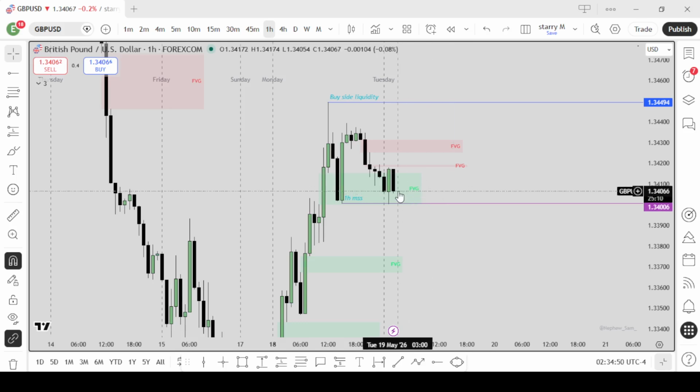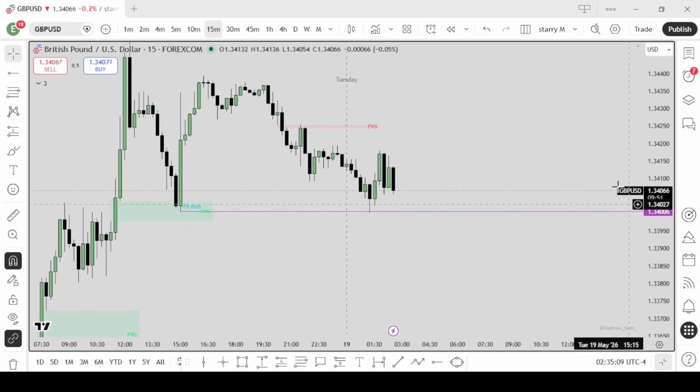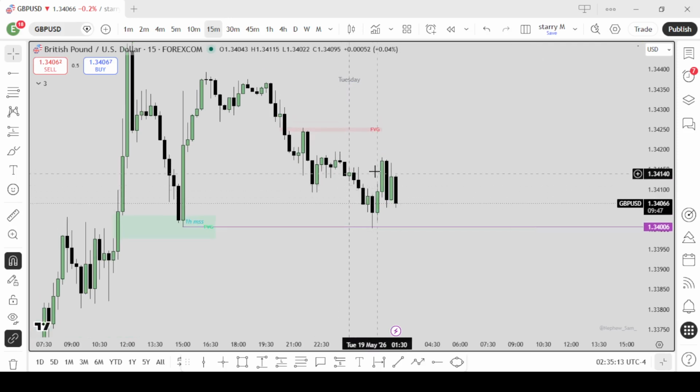So we are just waiting. Here, this is our determinant. If the market is actually bullish, I don't want this to be taken out. I would also like to see the 15 minutes align with it. I want to see if the 15 minutes makes a market structure shift.